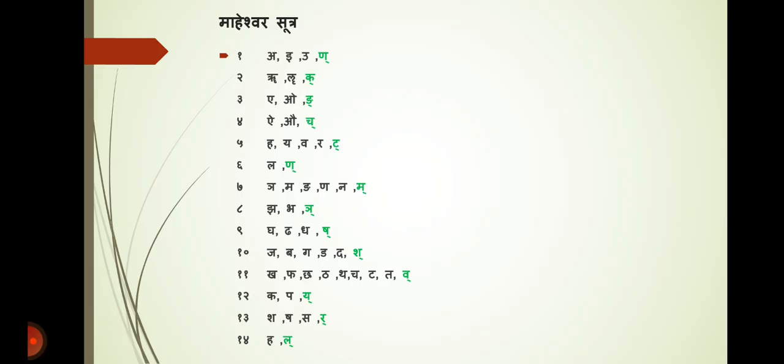Now, if you just look at the first one, A, I, U, N, the last alphabet is not complete. Halanta, as it is called. So it's not actually included in the alphabet. It is like an envelope. In digital communication also we come across this type of aspect, that is carrier signal.